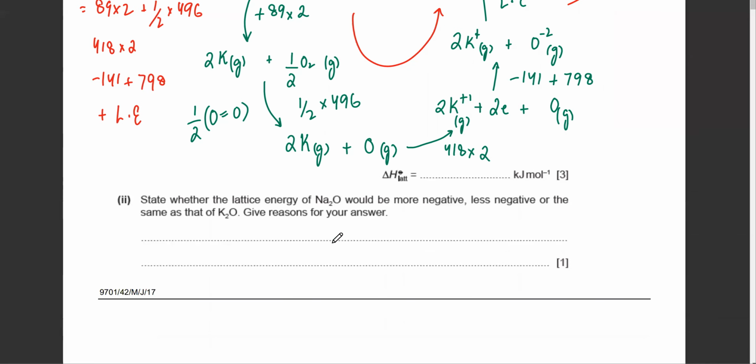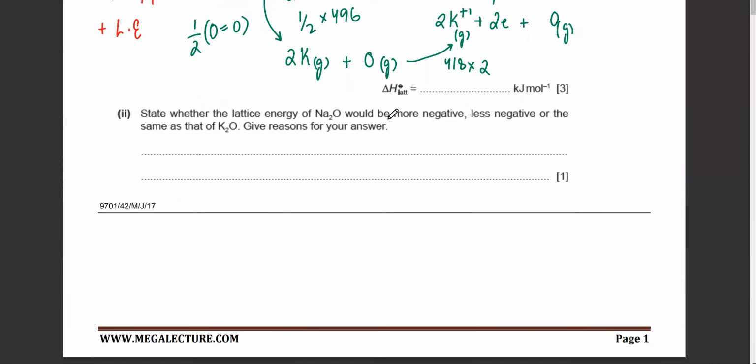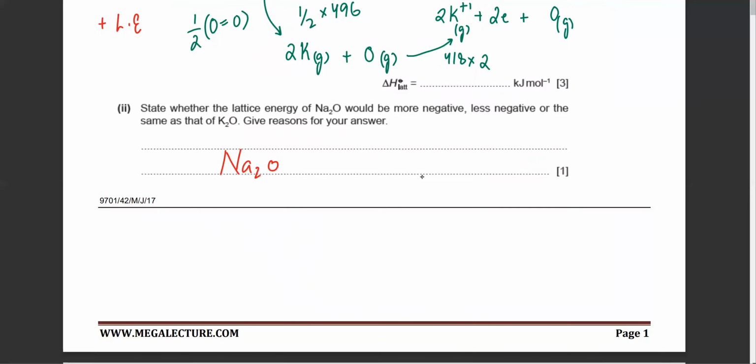So that's your answer. Now the next one is: state whether the lattice energy of sodium oxide would be more negative or less negative or the same as that of K2O. Which one is the stronger lattice? Sodium oxide or is it K2O? Both of them are in group 1. Sodium is the smaller ion.